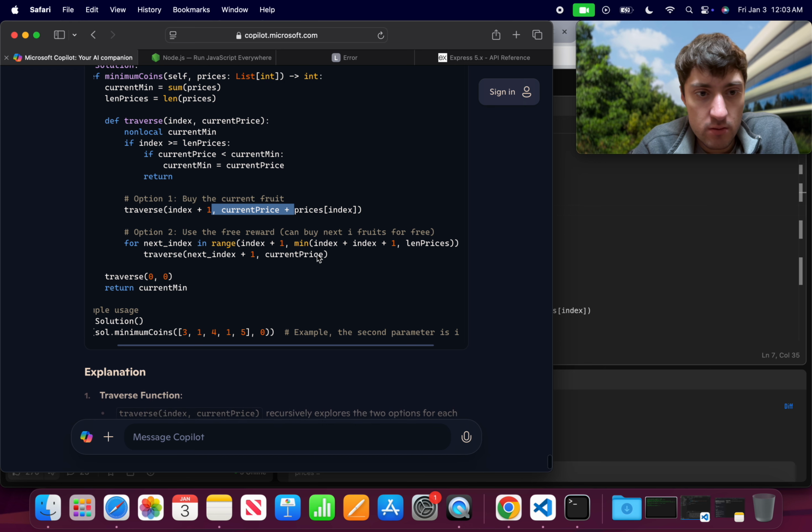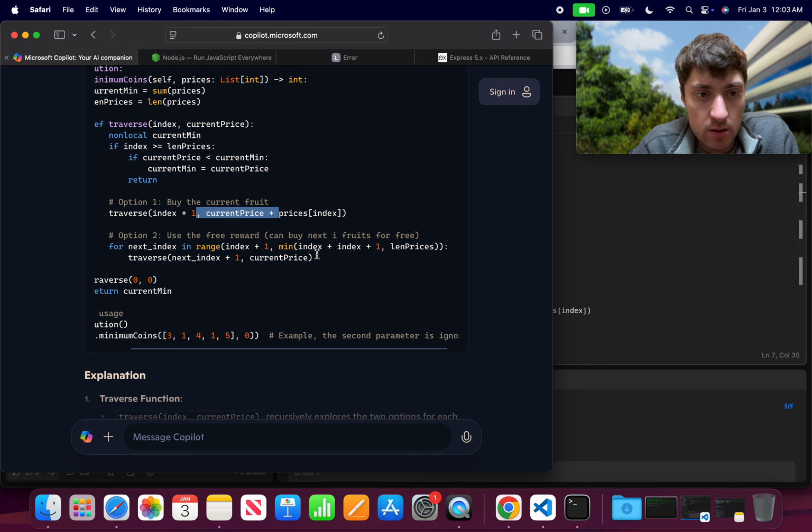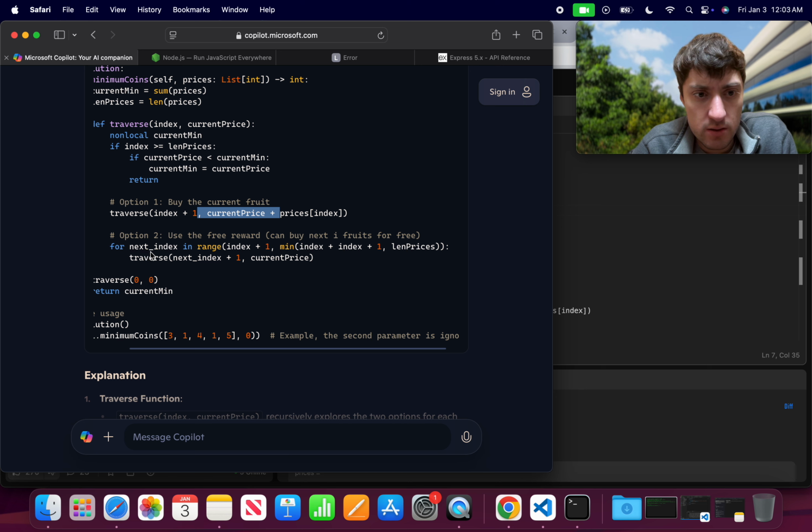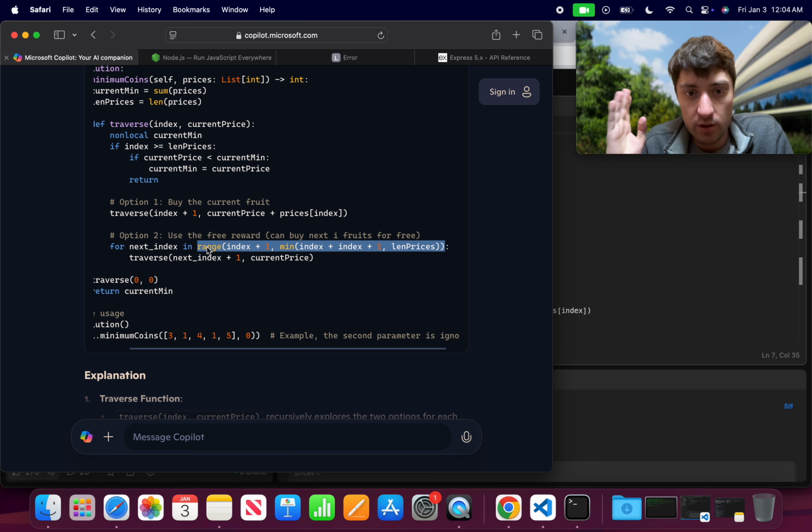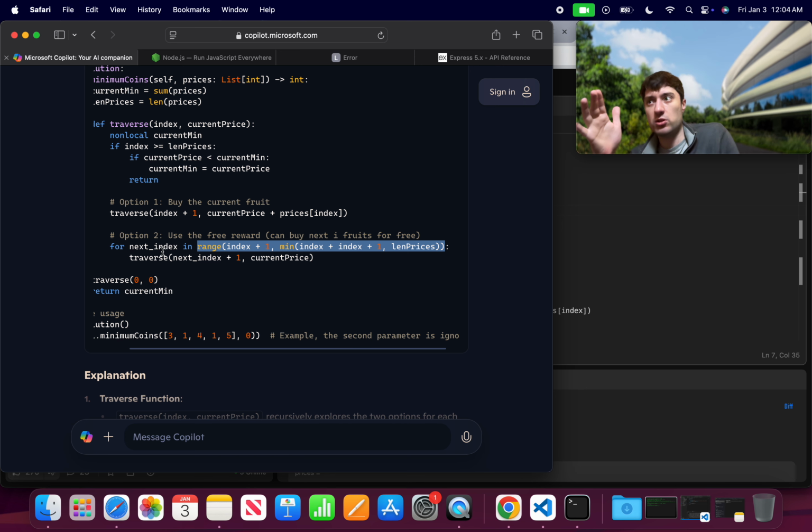Okay. So for next index, there's going to be some iterable, and this is the iterable. Let me highlight what the iterable is. Here it is. Range returns 0, 1, 2, 3, 4, 5, all the way up to the stop, but not including. So next index is going to be just an integer of 0, 1, 2, 3, ascending.